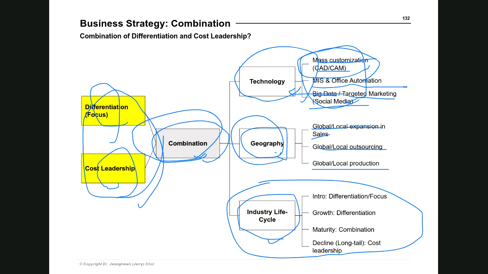Introduction, growth, maturity, and declining stage. According to these four different seasons, we need to adjust our strategy accordingly.